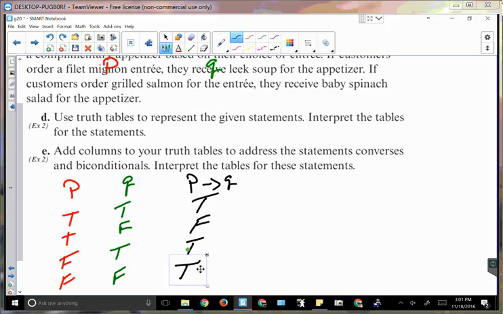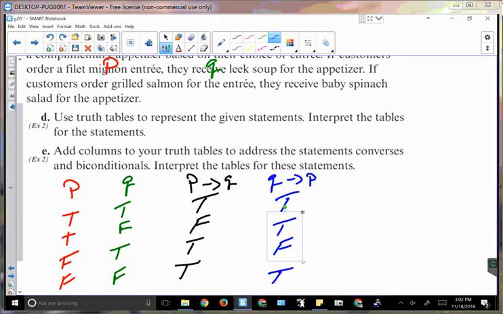Now what happens if, okay, I do it the other way around? I want to figure out what, say, Q then P is. So this would be true, this would be true, this would be false, this would be true. Because remember, if then, whenever you're going from a false situation, goes that way.